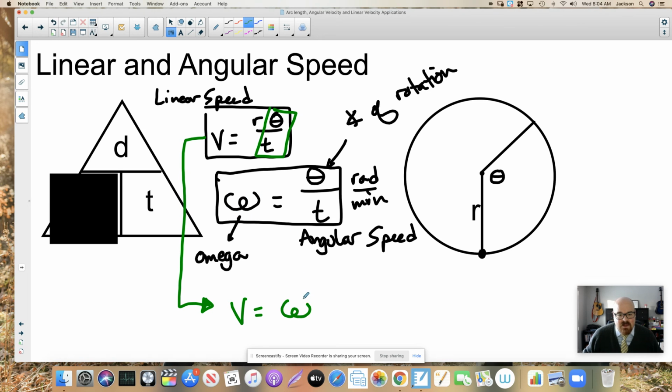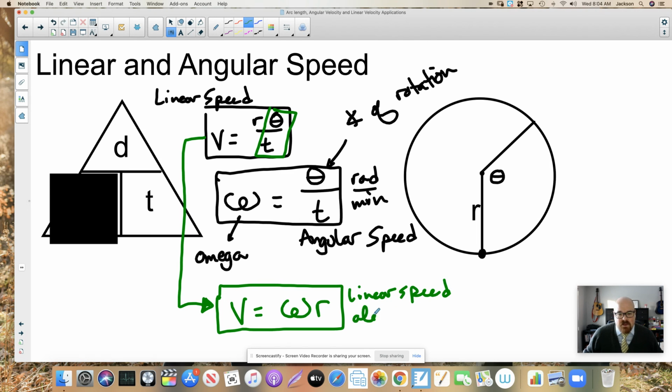So if you know the angular speed and you know the radius of the circle, you can calculate the velocity or the speed of an object on the outside. So this is still linear speed along an arc. It's just written in terms of the rotational or angular speed and the radius, as opposed to having to calculate it all together like that, right? Let's look at a few examples.